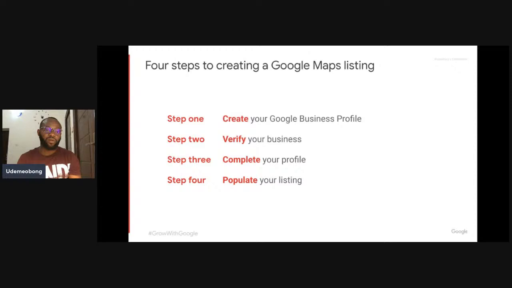Step 1, creating your Google Business Profile. Step 2, getting it verified, which is very key. I'm going to be explaining that shortly. Step 3 is completing your profile, and step 4 is for you to populate your listing. So let's go over each of these steps extensively.